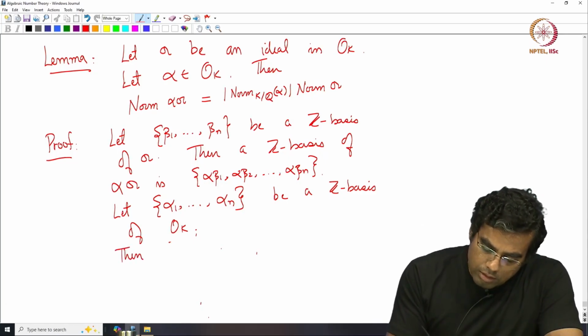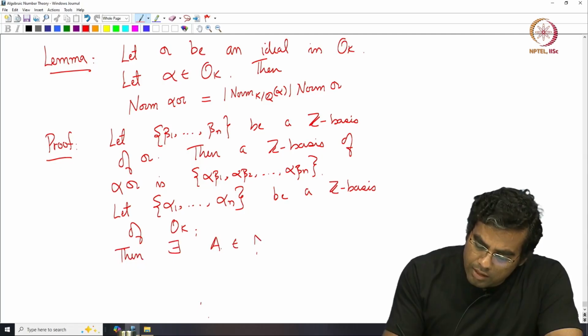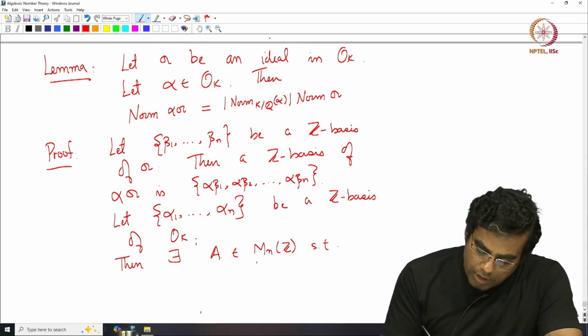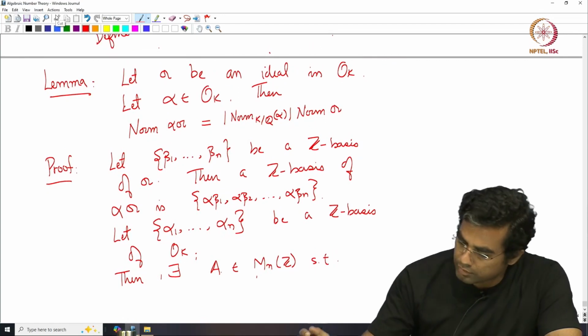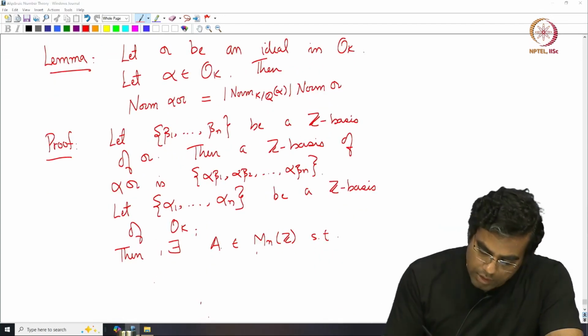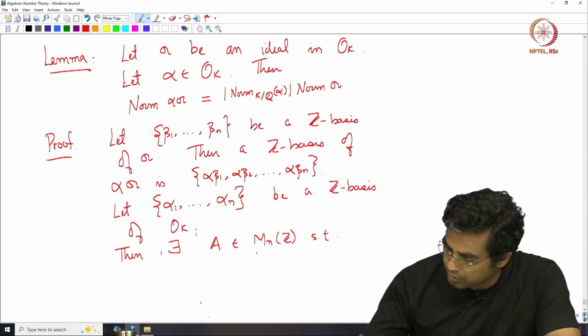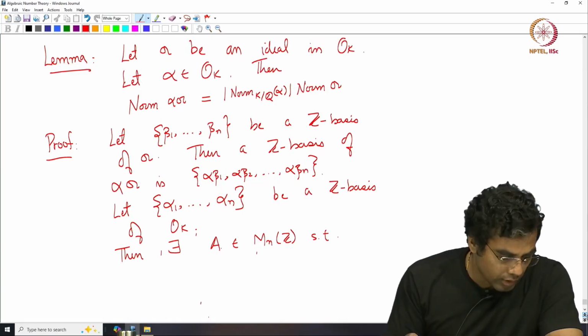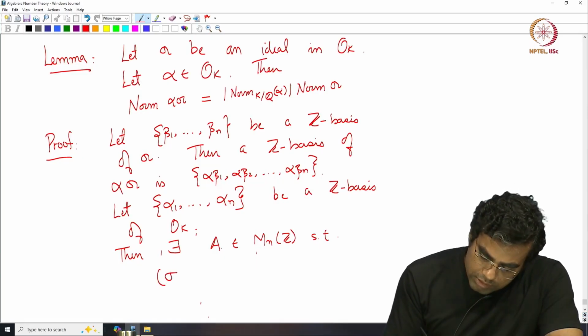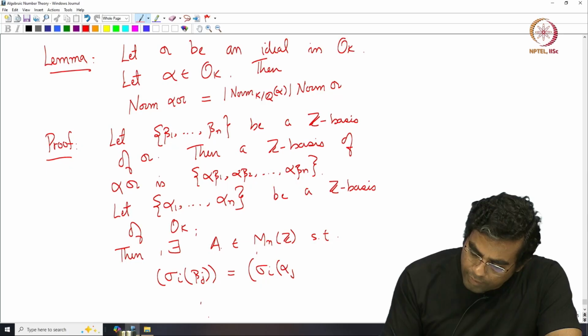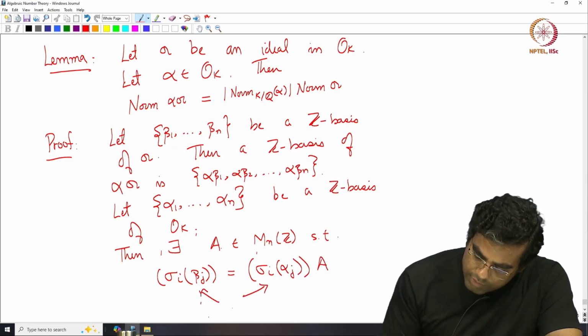Then there exists A, an n by n matrix over Z such that sigma I of beta j is equal to sigma I of alpha j times A. So, these are both n by n matrices.